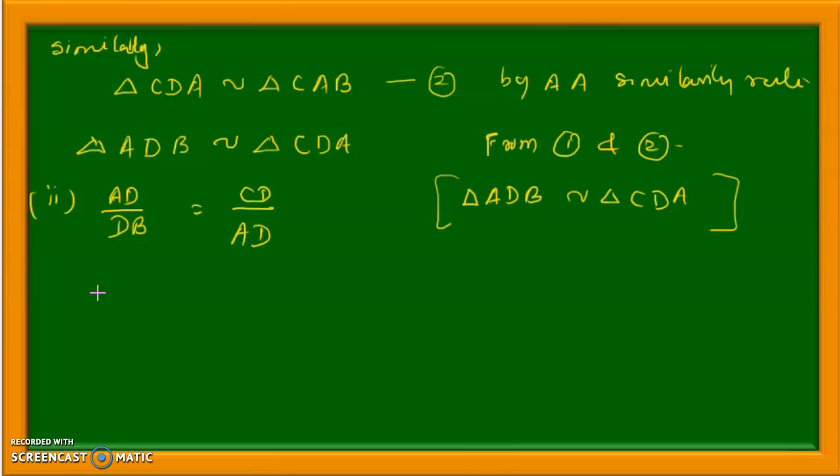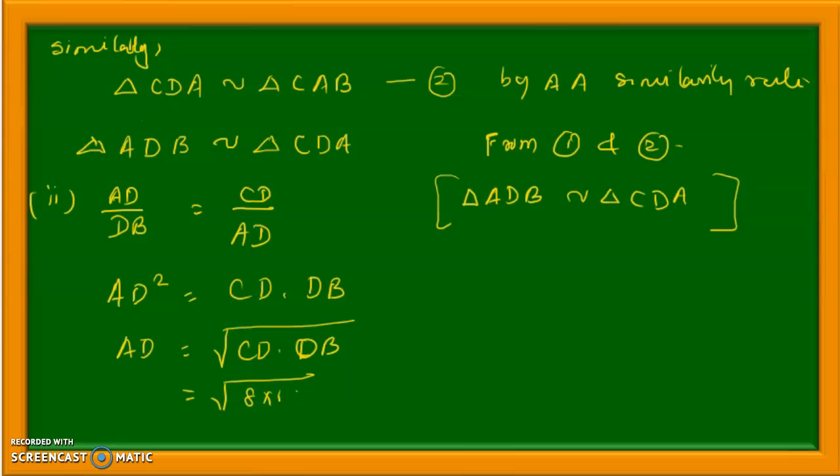Correct? So making cross multiplication, you will get AD square is equal to CD into DB. So AD is equal to under root CD into DB. Under root 8 into 18, which is equal to under root 144, correct? 144 equal to 12 centimeter.